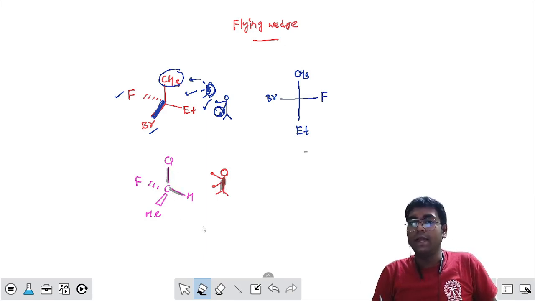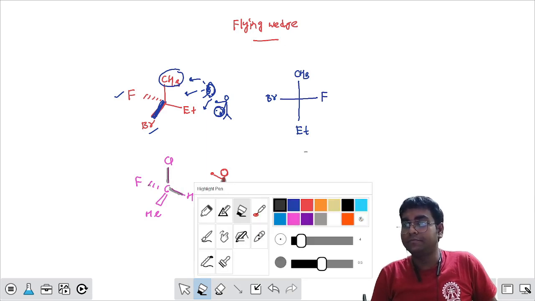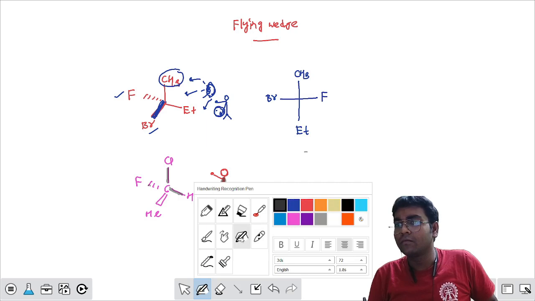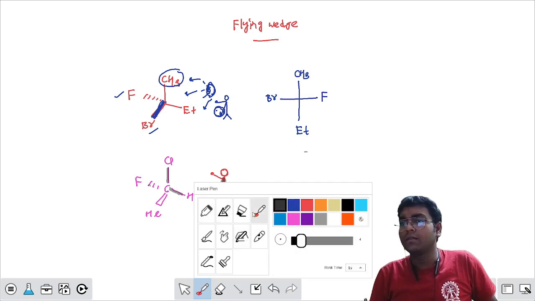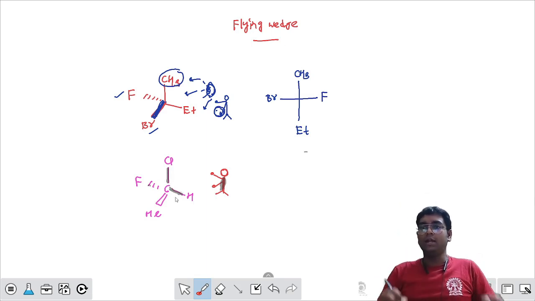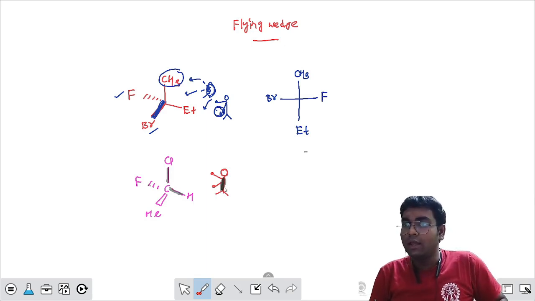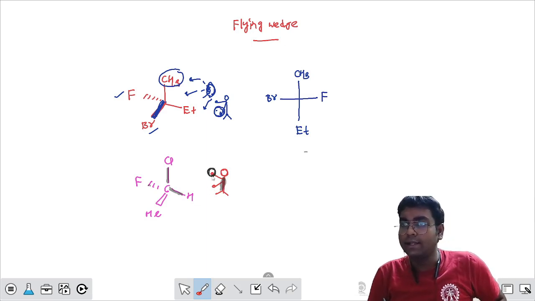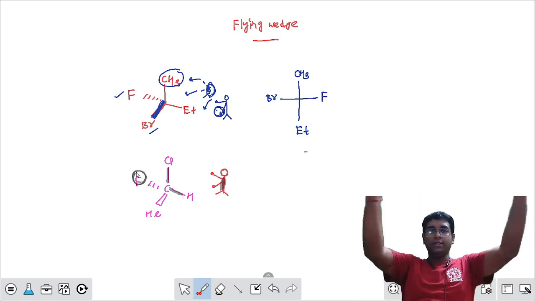Is it clear? So this C-Cl and this C-H bond are lying across his body, across his body line. His right hand side will face the below the plane fluorine. Is it clear? So he is standing like this.